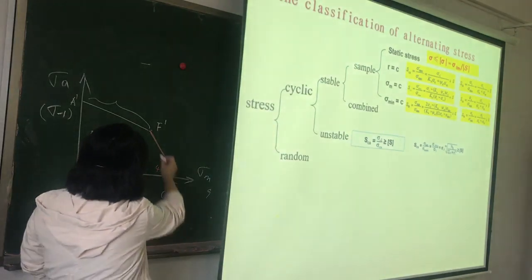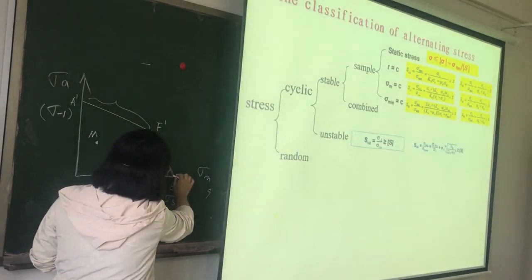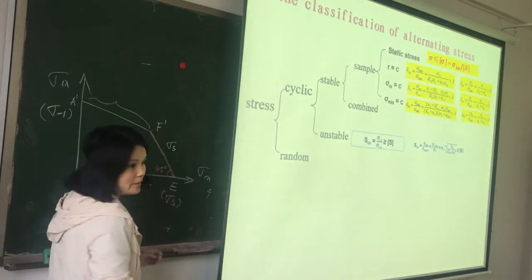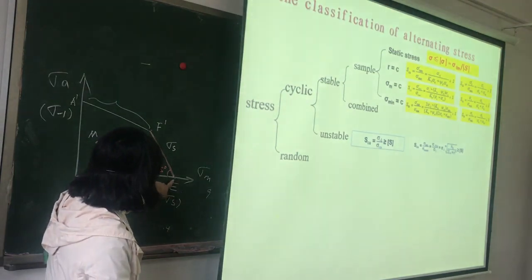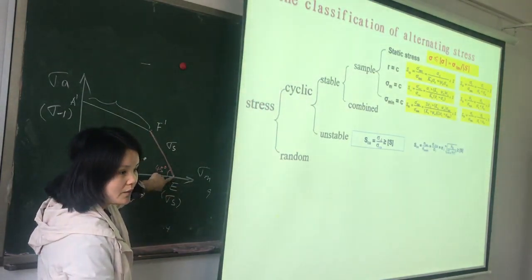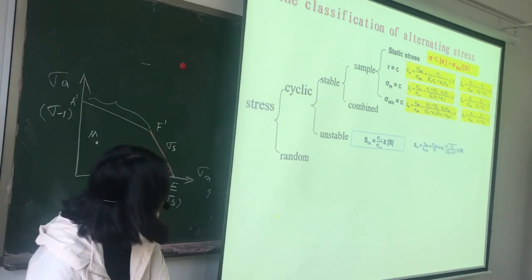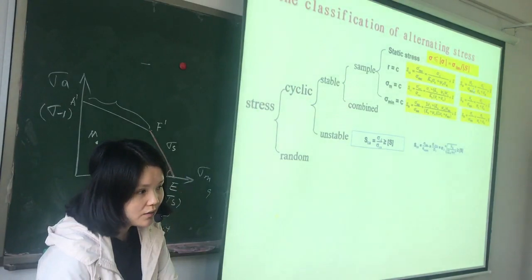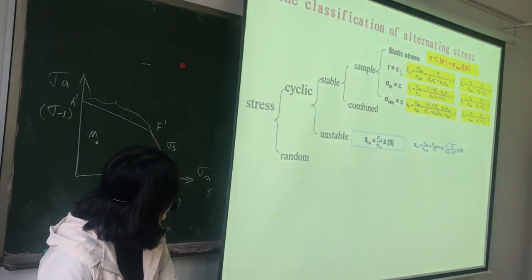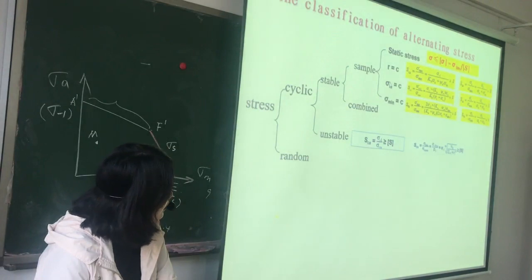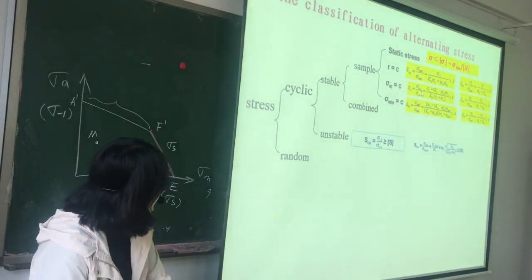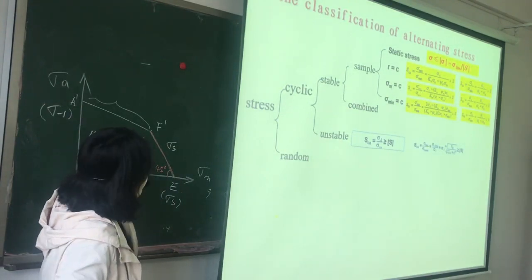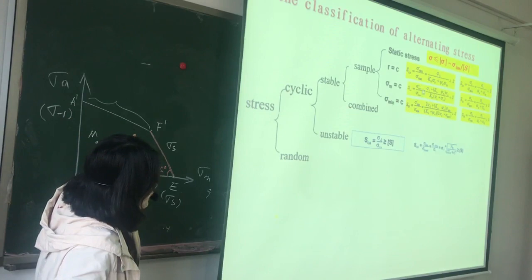On this line, the endurance limit is sigma s, equals this, and we use the right one to calculate the safety factor. For sigma m constant, if the endurance limit is on line A1, F1, we use this equation.